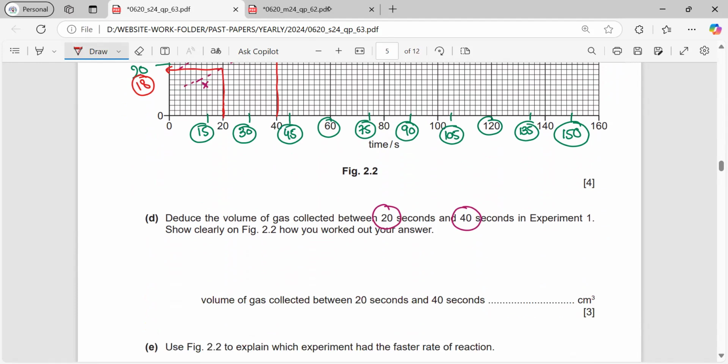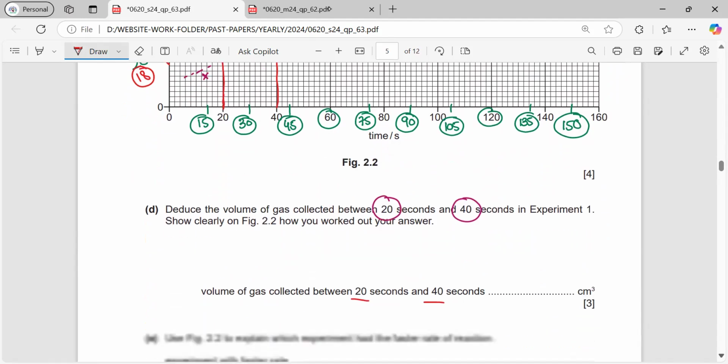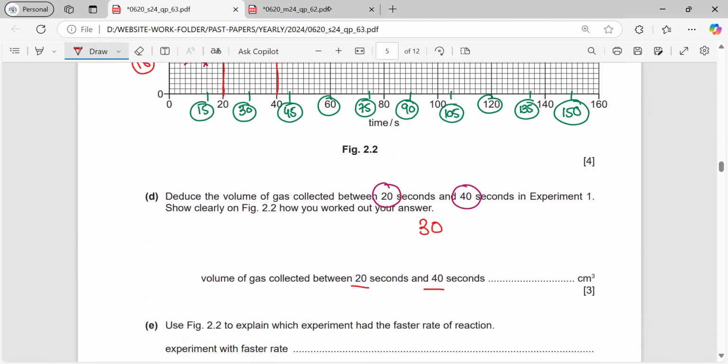So the volume of the gas collected between 20 and 40 seconds is 30 minus 18. 30 minus 18 is 12 centimeter cubed.